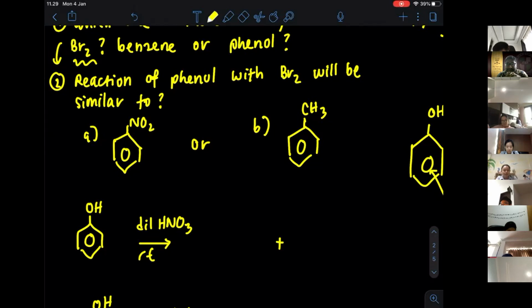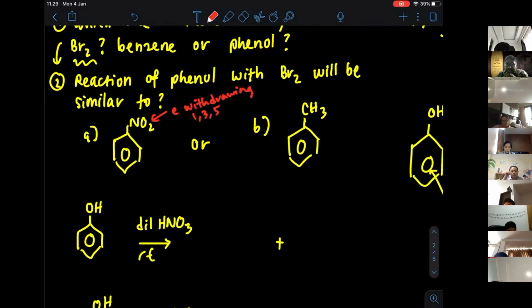Is it NO2? No. Do remember, NO2 is going to be an electron withdrawing group. So if they are electron withdrawing groups, they are going to activate positions 1, 3, 5.